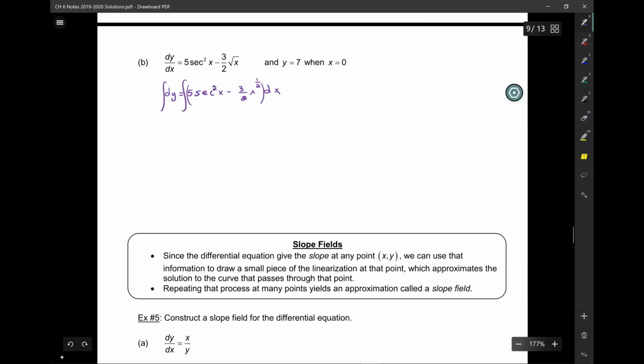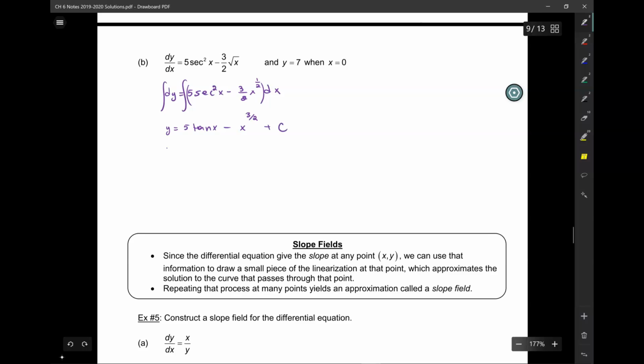Integrate. Y is 5 tangent x minus, so it's going to be x to the 3 over 2, and that'll cancel with this 3 over 2. So it's just minus x to the 3 over 2 plus c.